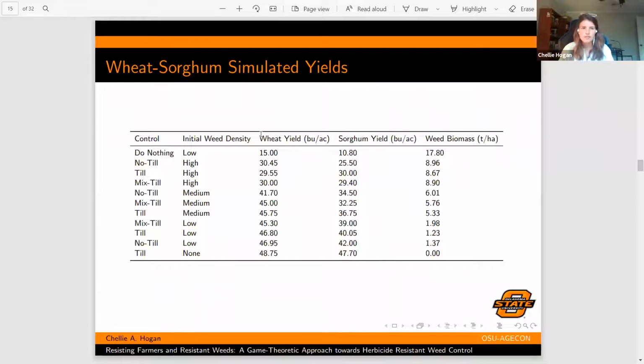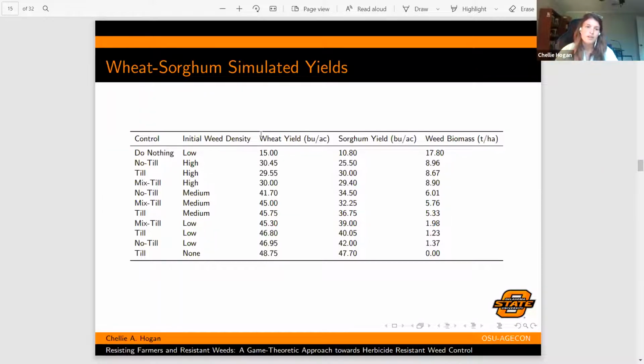And so I've included some simulated yields from the wheat sorghum runs. And so I've included a best case scenario and a worst case scenario just to kind of orient the simulation. The very bottom row is going to be the best case scenario where I did not initialize any weeds. This is just, if we could have a weed-free world, what would yields look like based on the input data that I have.